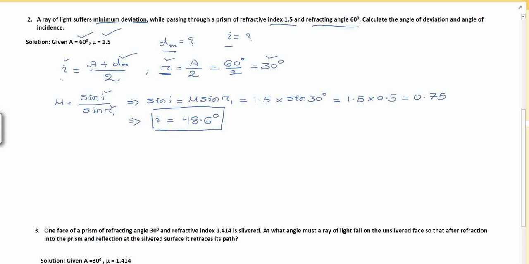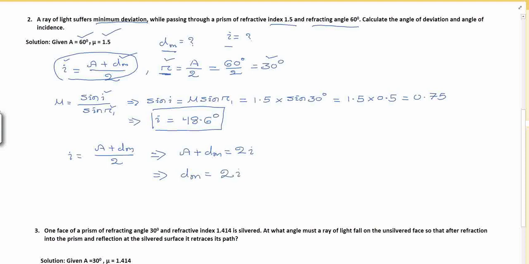We will apply this formula here: I is equal to (A plus dm) divided by 2. This implies A plus dm is equal to 2I. This implies dm, or angle of minimum deviation, is equal to 2I minus A.